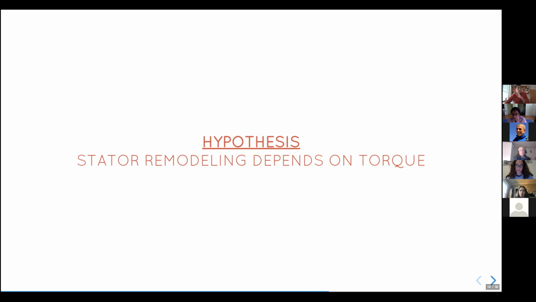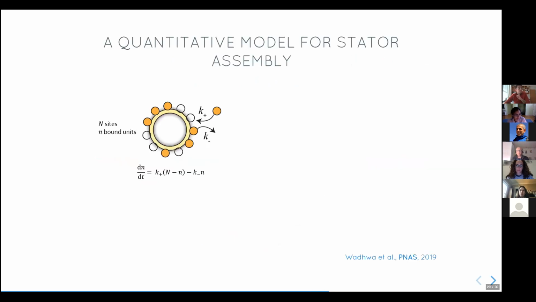To really probe this hypothesis, we built a very simple quantitative model for stator assembly, which is shown here. So we assume that the motor has a fixed number of sites on which the stator units can bind, which is given by capital N. At any point, say small n number of those sites are occupied by bound stator units.